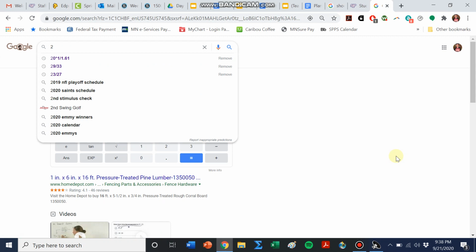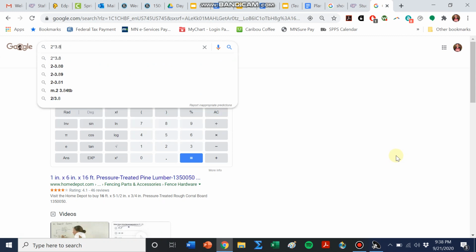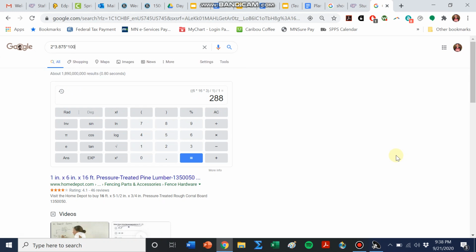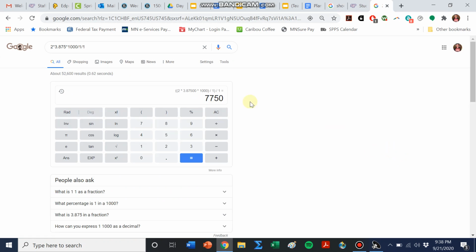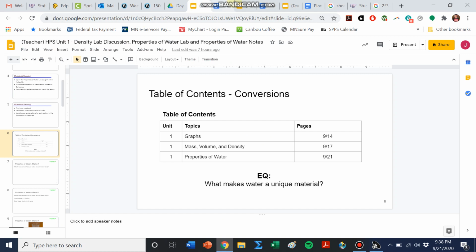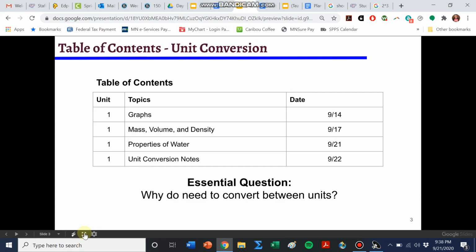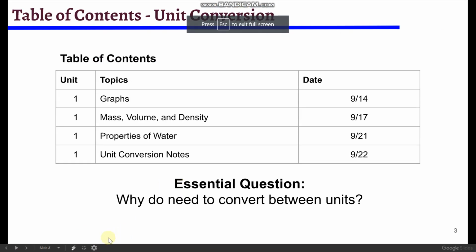So 2 times 3.875 times 1,000 divided by 1 divided by 1 gets us to 7,750. So let's see how that compares. Oh, whoops, wrong one.